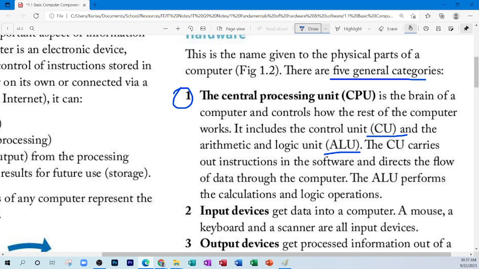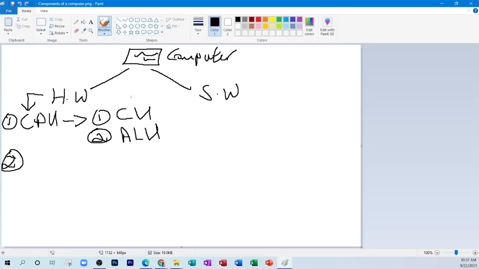Alright, so let me find that image that I was using. Alright. So let me open it in Paint. Right.